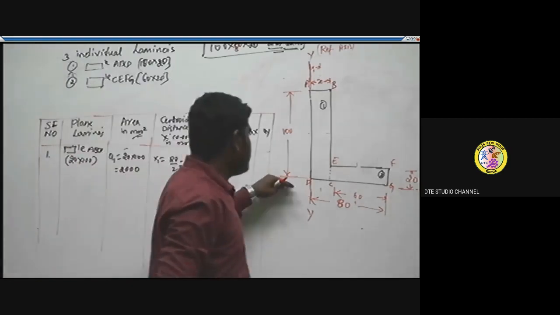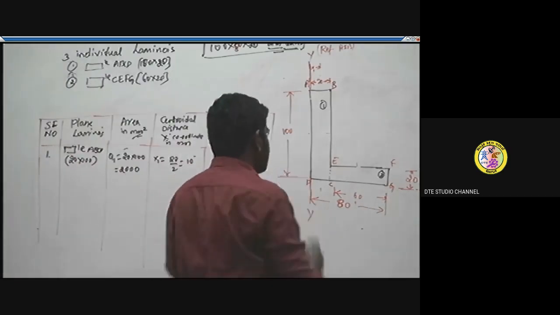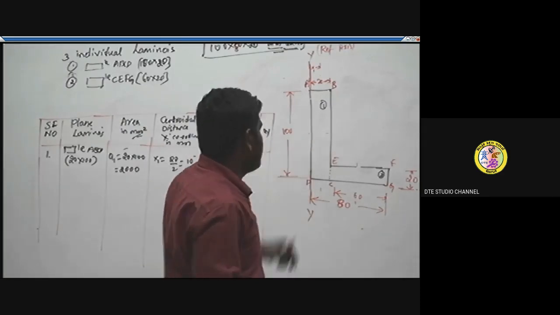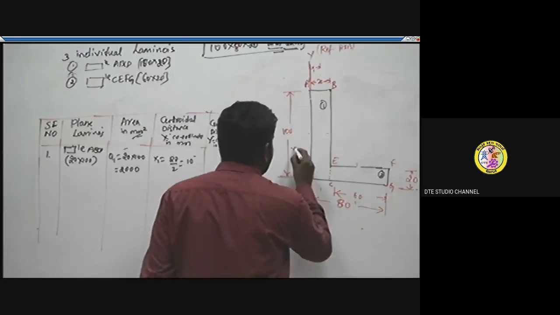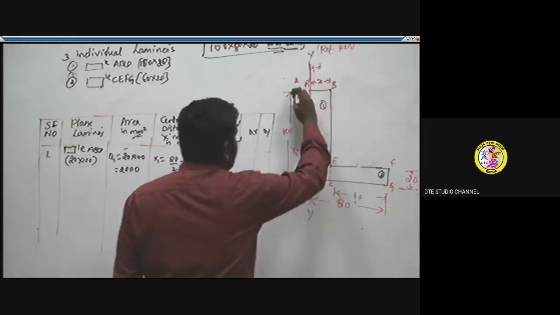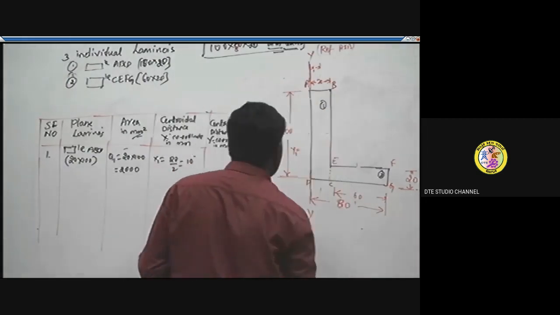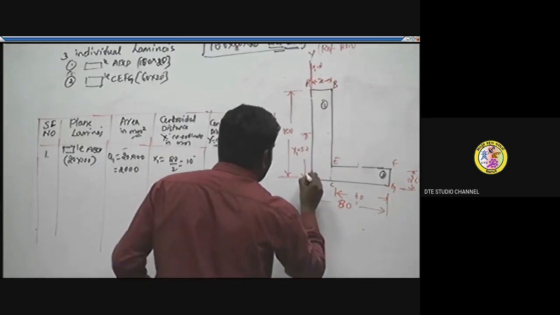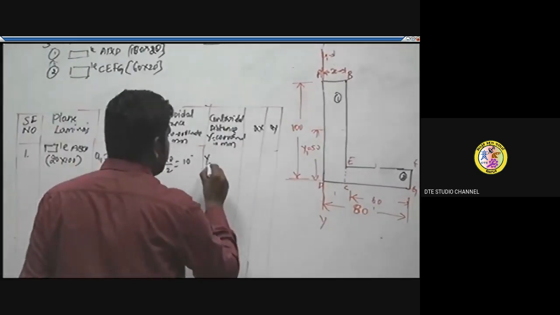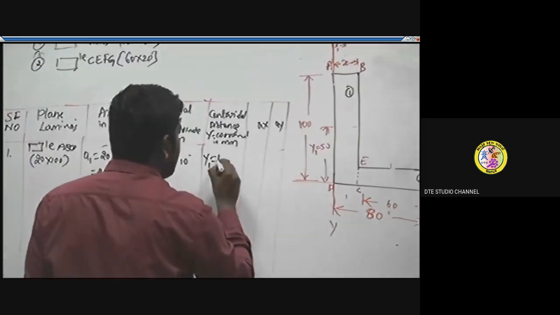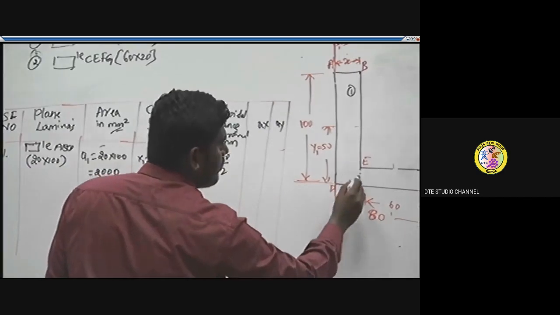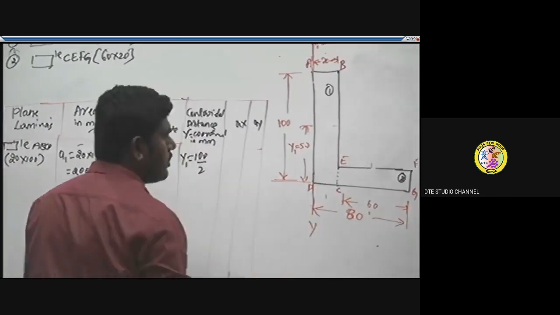Similarly, from the reference axis xx, the bottommost line, its y coordinate, that is y1, is equal to 100 by 2, half of its breadth, so that is 50 mm. So I've considered up to here for the first lamina ABCD.